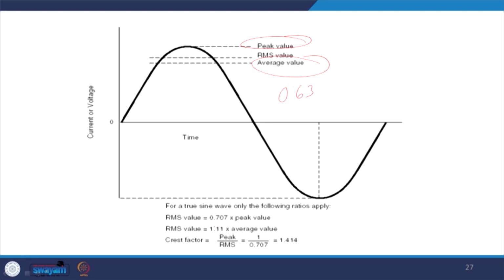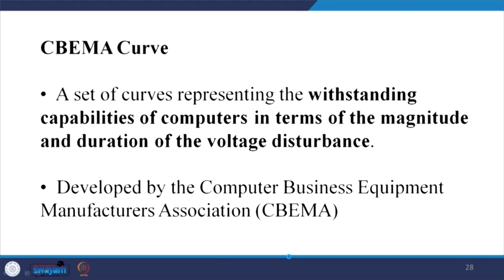So, the RMS value is 0.707 times the peak value, and the RMS value equals 1.1 times the average value. The crest factor, the peak by RMS, is 1.414, that you know quite well. Based on that, those calculations are required to be done.